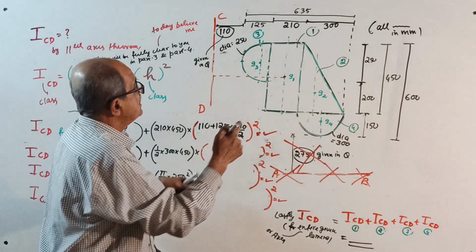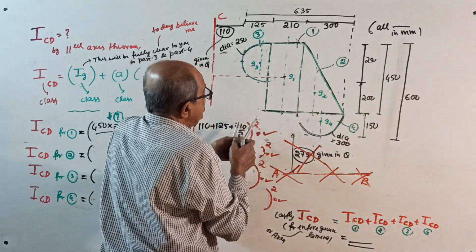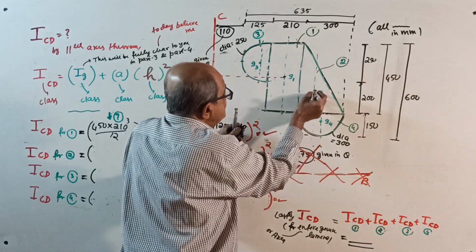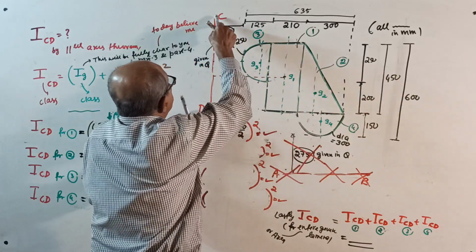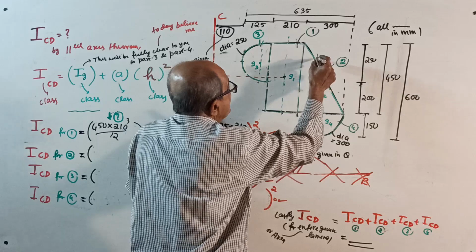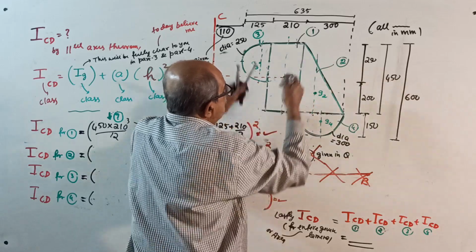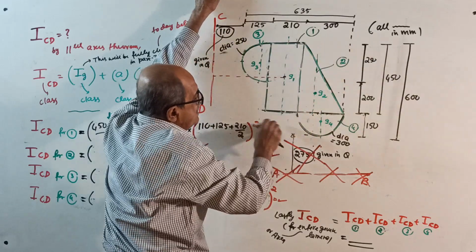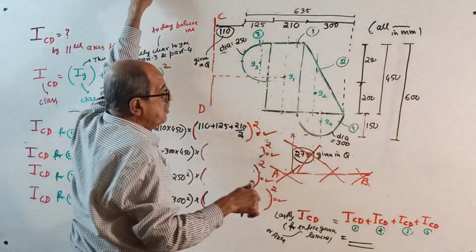Come to part 2. Its centroid is here. Axis passing through its own centroid, parallel to CD. For this axis, the base is 450 into 300 cube by 36.